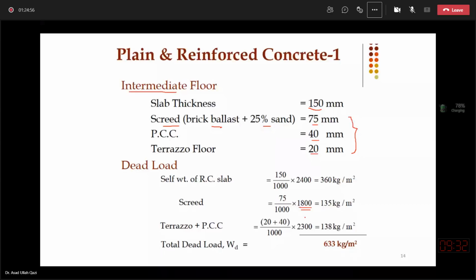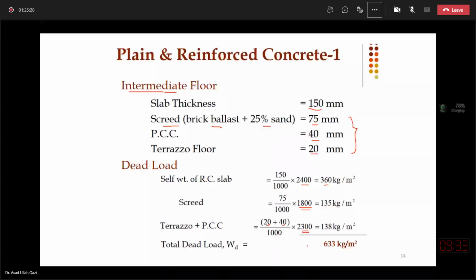However, PCC and terrazzo are a little denser, so for them the proposed density is very close to concrete. It is 2300 kg per meter square. So out of this composite, the slab 150 is calculated by 2400, then comes screed, and then terrazzo plus PCC, almost having the same densities.